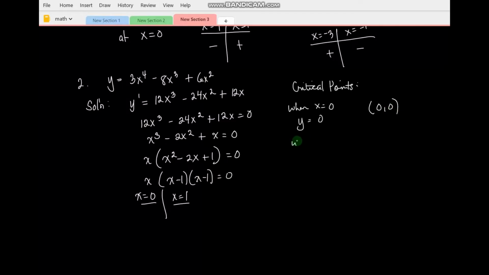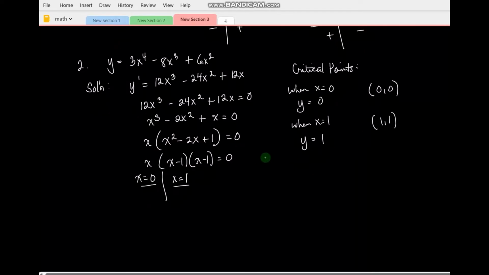When x is equal to 1, simply 1 to the 4th, x cubed, and x squared are all 1, right? So 3 minus 8 is negative 5, plus 6, positive 1. So another critical point is 1, 1. Then we have to test whether this 0, 0 is a relative minimum or relative maximum, as well as for 1.